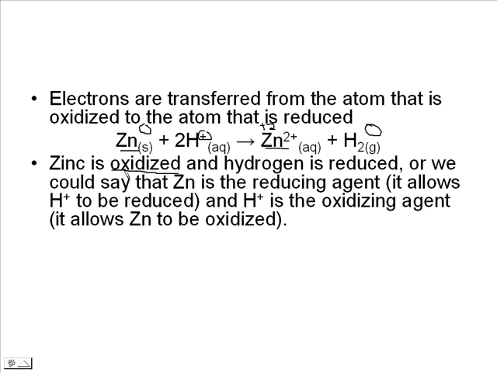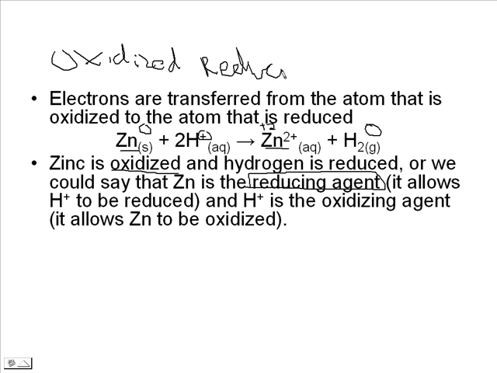Now, if something is oxidized, again, zinc is oxidized, we call it the reducing agent because it allows something else to be reduced. Don't get those two things mixed up. So if something is oxidized, we say that it is the reducing agent.